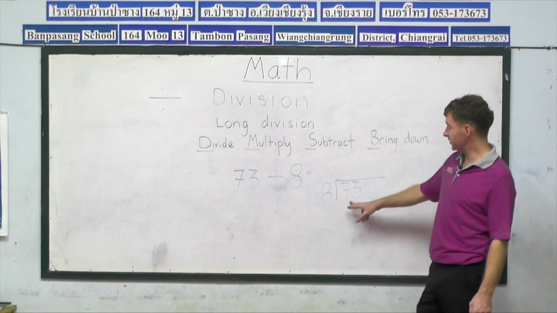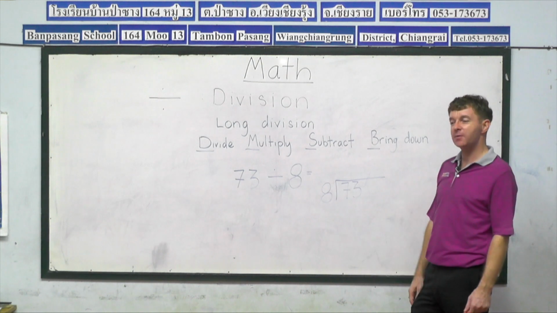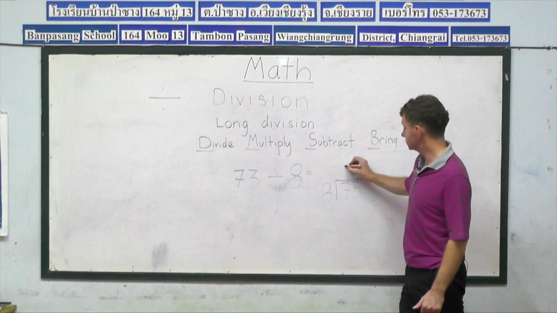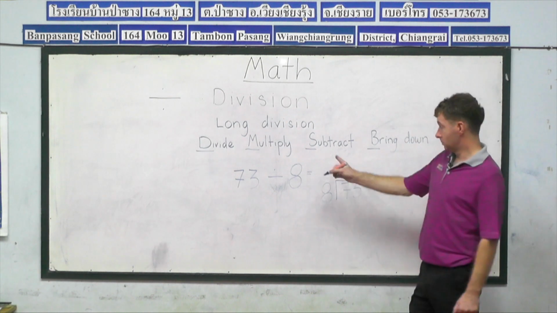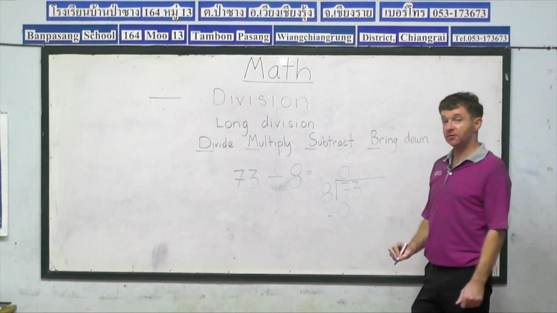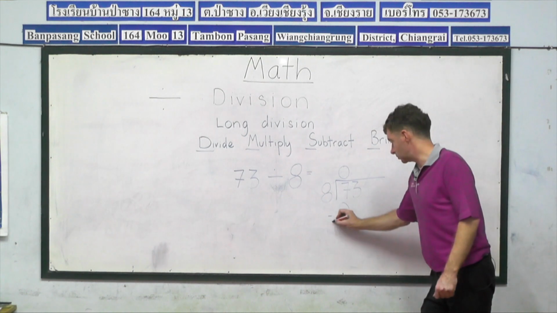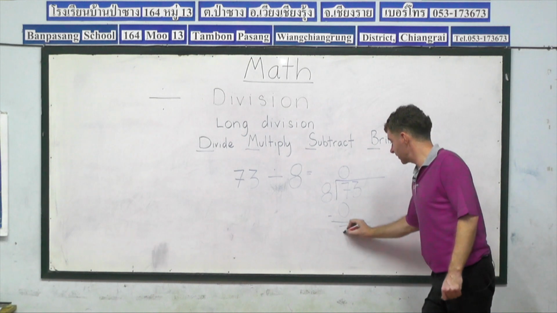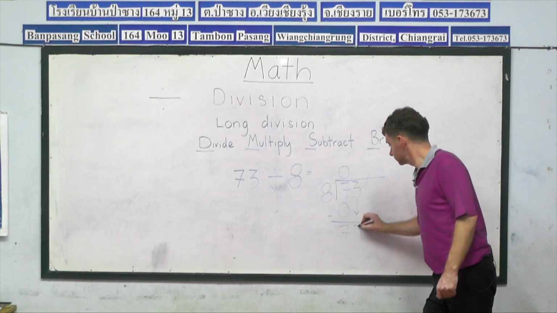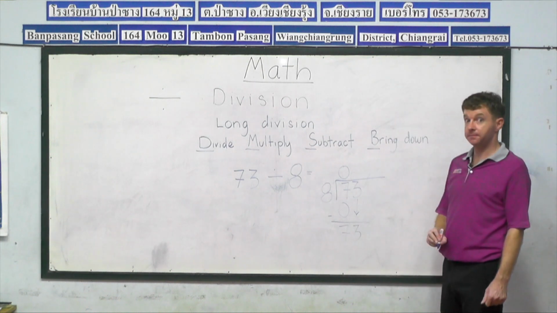Now notice, 8 is larger than 7. So, if we say 7 divided by 8, can we do it? Can't do. So once again, 0 equals 0. 7 minus 0 equals 7. So let's bring down the 3. 73.